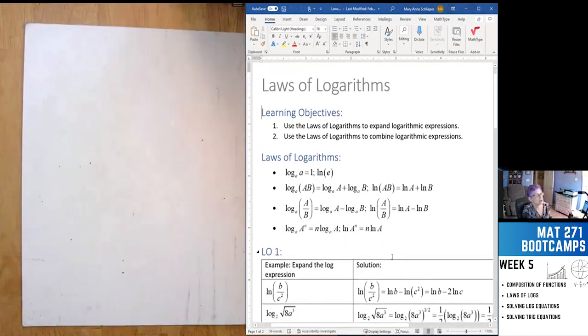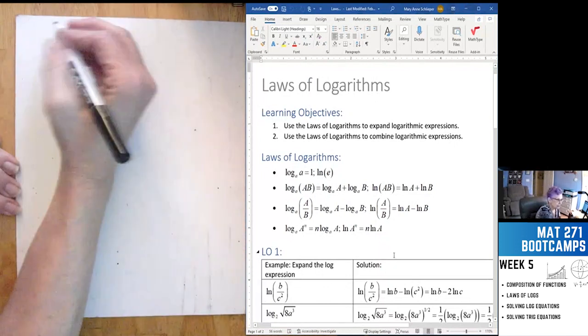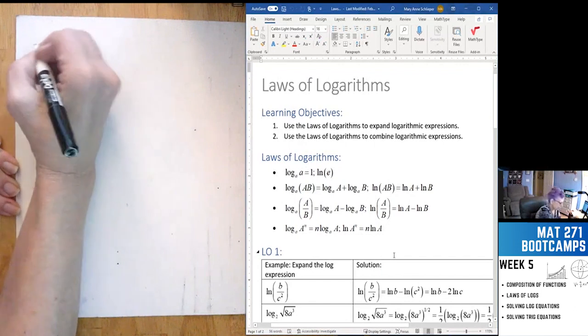But our goal is to be able to take logarithmic expressions and rewrite them. So we'll start with expanding.